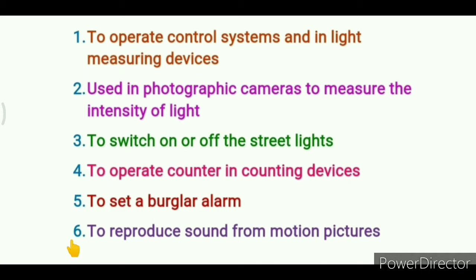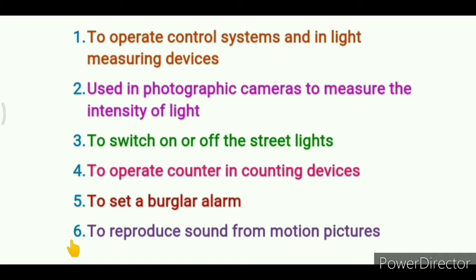This thin transparent strip is called the soundtrack. The transparency of the soundtrack depends on the variation of frequency of sound recorded.